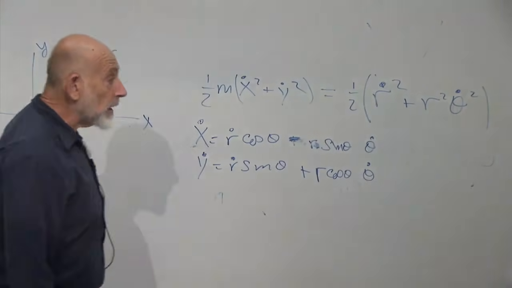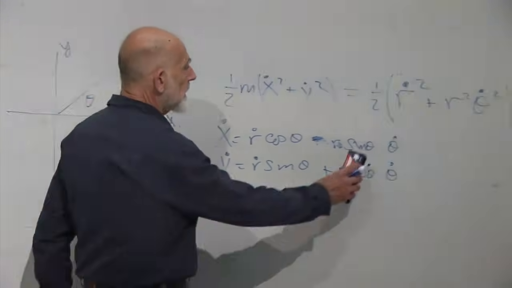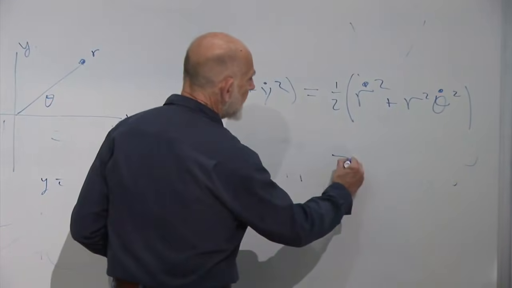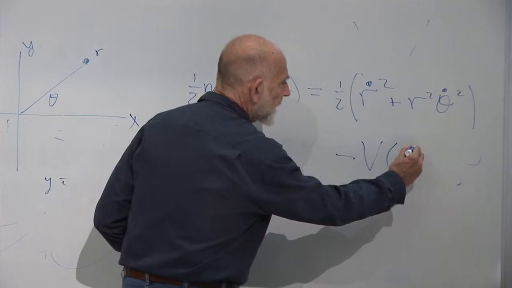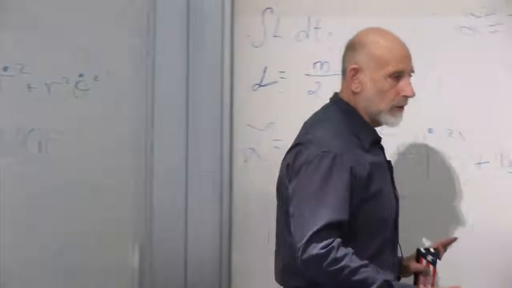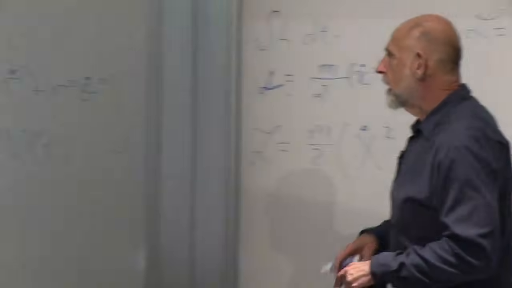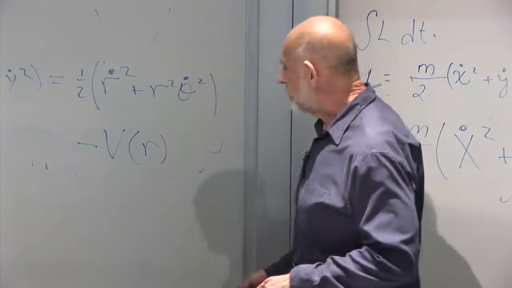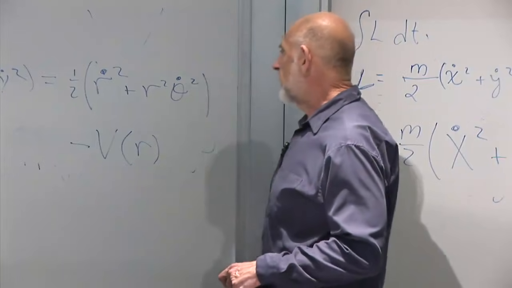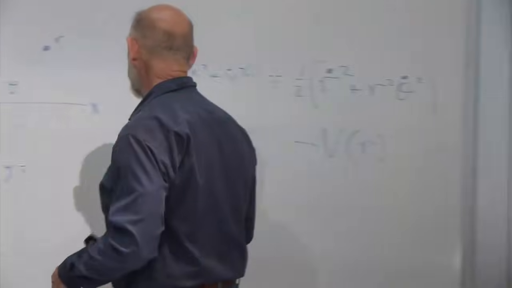So this is then the Lagrangian in polar coordinates. If I want to add a potential energy, let's add a potential energy. That will be minus V of r. I'm taking the case now where the potential energy depends on distance from the origin. It could depend on theta too, but for our purposes now, it's called the central force problem. The potential energy only depends on distance from the origin. And there it is. Now we can write down the Euler-Lagrange equations very simply.